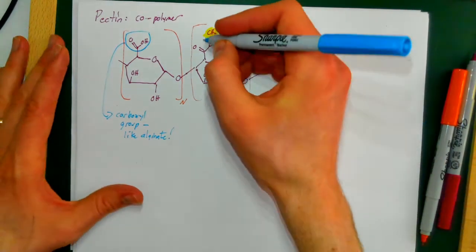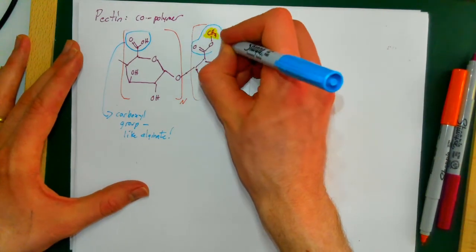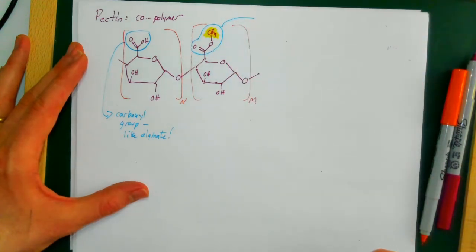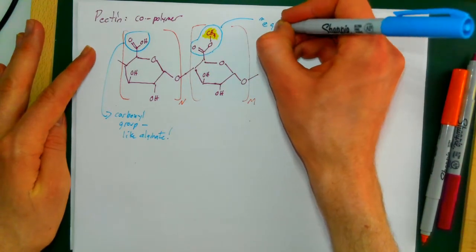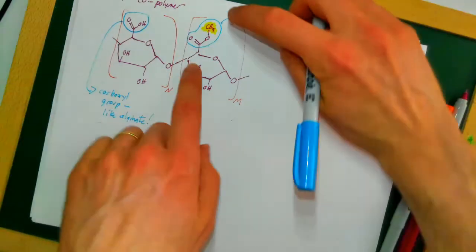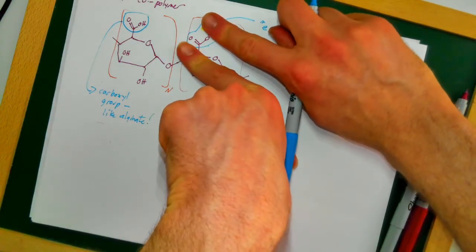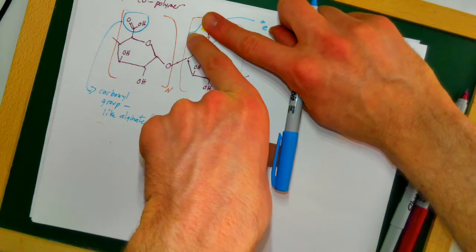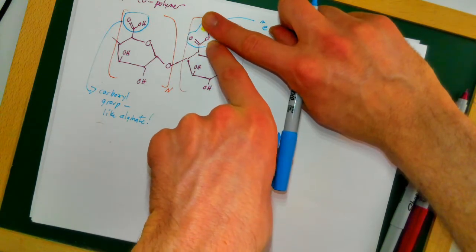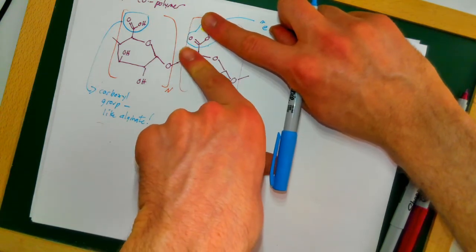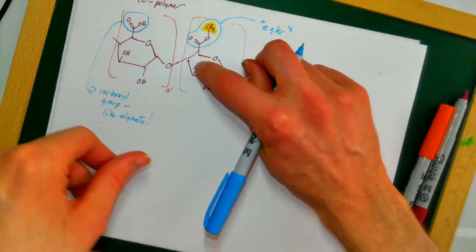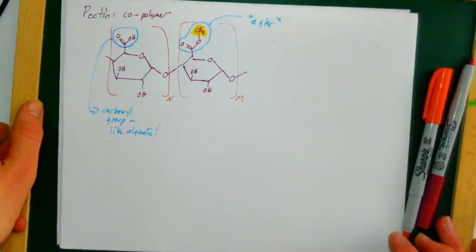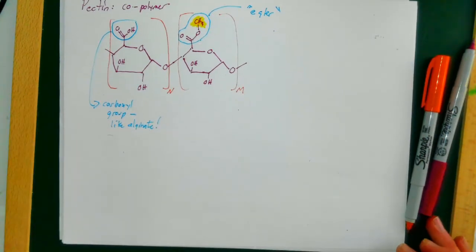But there's this group right here, which is called an ester. If we remember the lecture on polyesters, polyesters have that C double bonded to an O, with a single oxygen bridging off to the next thing. So there's basically an ester bond between the ring of the sugar and this methyl group sticking out here.